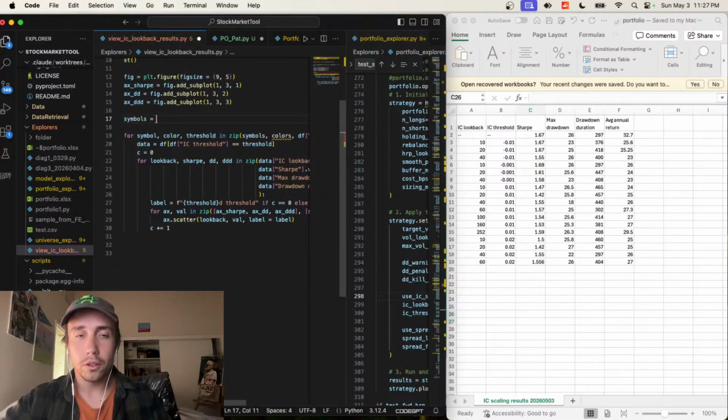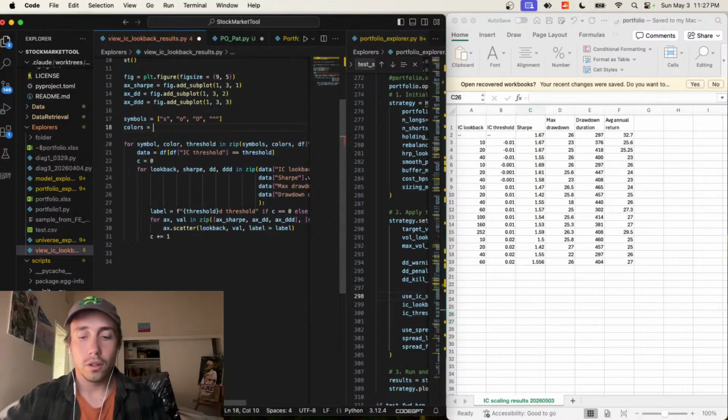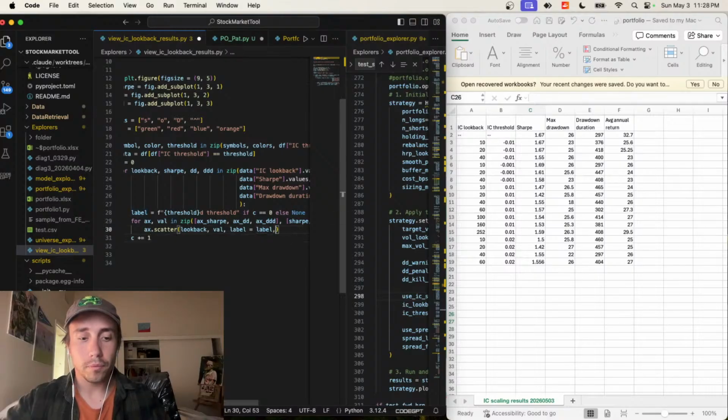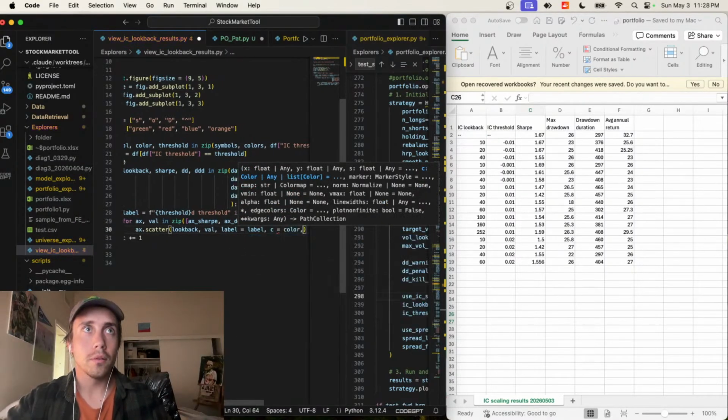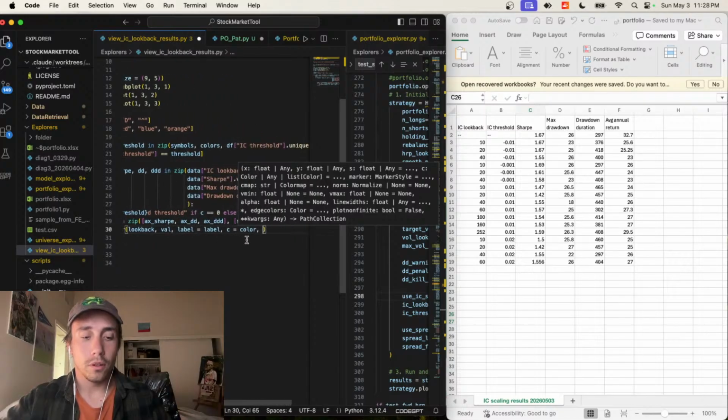So symbols is equal to square, circle, big diamond, and upwards triangle. Colors are equal to green, red, blue, and orange. And then when we scatter, c equals color, marker equals symbol.